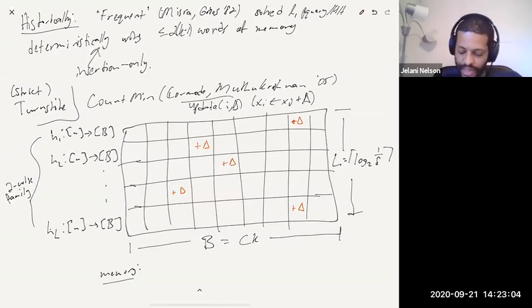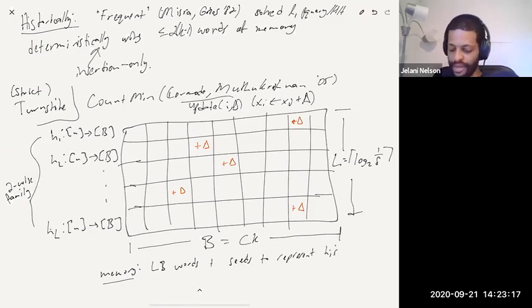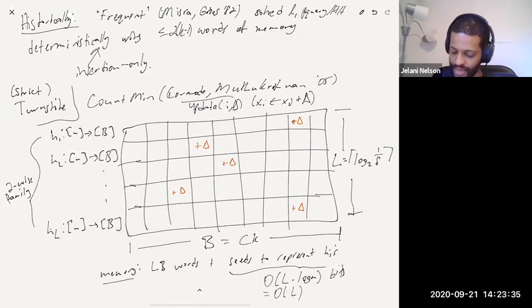So memory is, let's say, LB words plus the seeds to represent the h_i's. And if you remember, a 2-wise independent hash function takes only log n bits of memory to represent. I have L of them, so in total this is O of L times log n bits, which is O of L words.